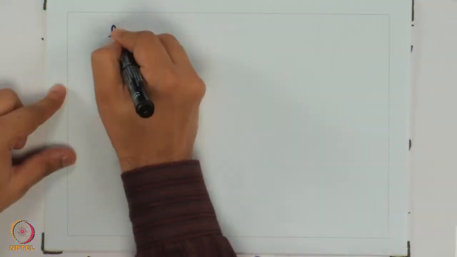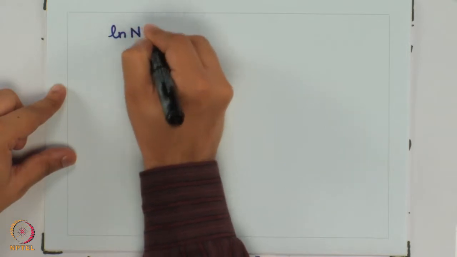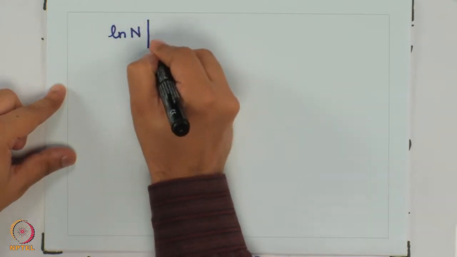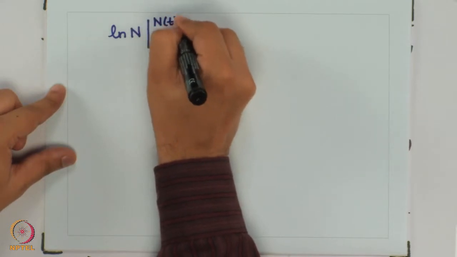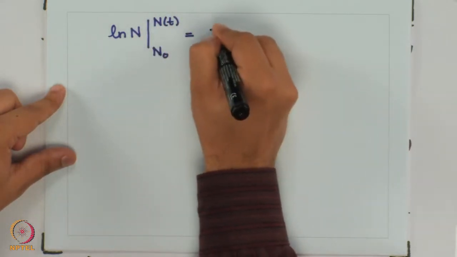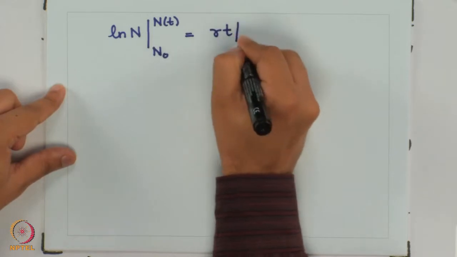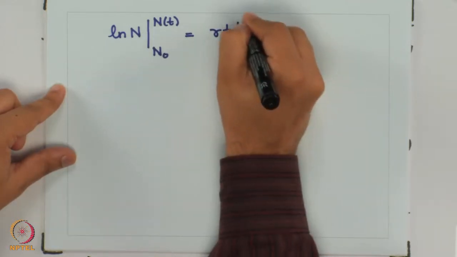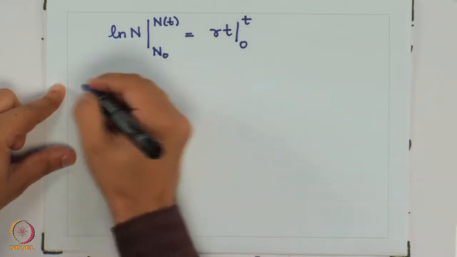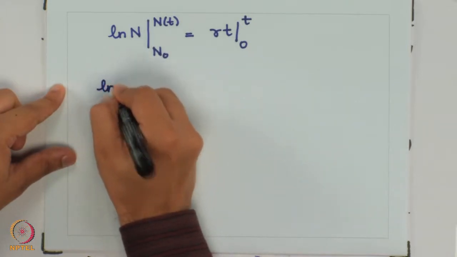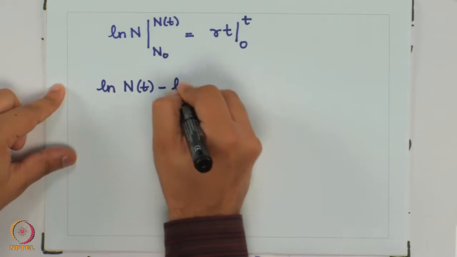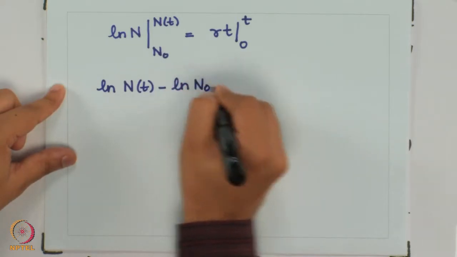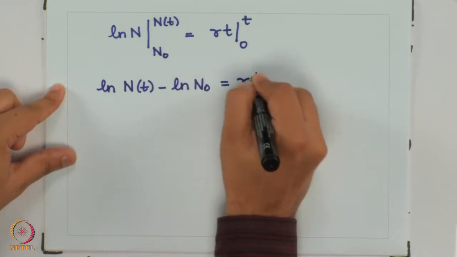Taking our solution forward, what we end up with is ln of n, with limits n naught at t equal to 0 and nt at t equal to t, equal to r times t, from t equal to 0 to t equal to t. I plug the limits in, after which I get ln of nt minus ln of n naught equals rt.